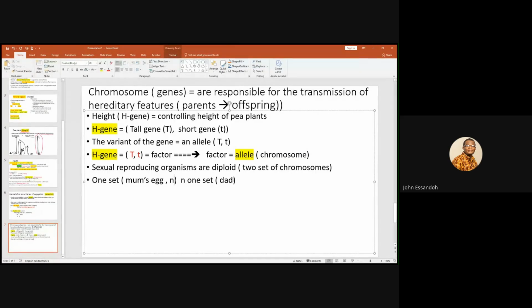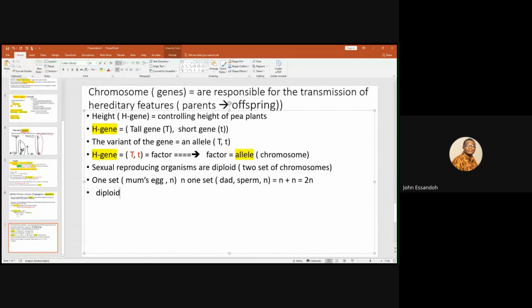The sperm is another n. So n plus n gives us two sets. During fertilization, n coming together with another n gives us 2n. So these sexually reproducing organisms are diploid. What Mendel was talking about was right.